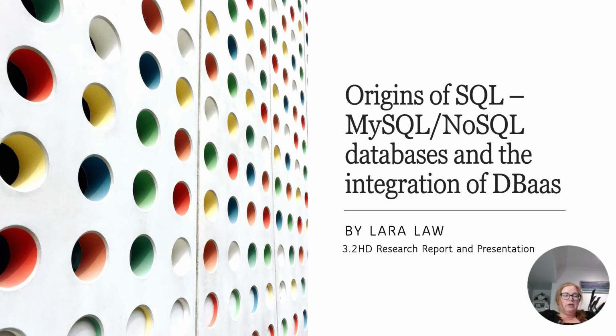Firstly, we've got Edgar F. Codd. He wrote in 1970 about relational databases and the model to do with it. He stated that the usage of large databanks must be protected from having to know how the data is organized in the machine.